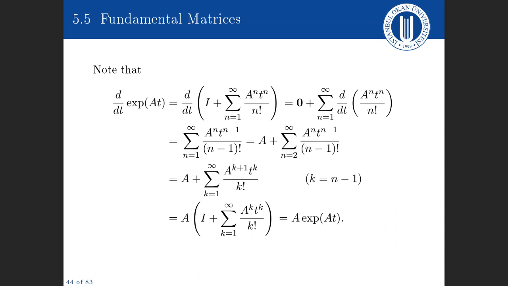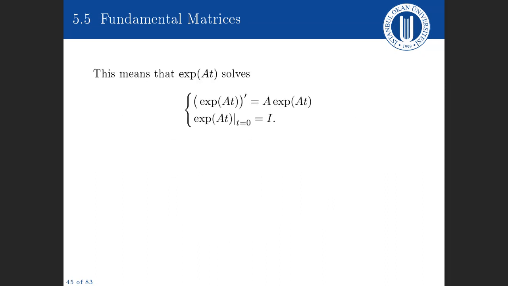Because the derivative of the exponential of A t is A times the exponential of A t, that means the exponential of A t solves this differential equation, and it solves the initial condition at time t equal to 0 is equal to the identity matrix. But wait a minute, the special fundamental matrix capital Phi solves the same initial value problem.